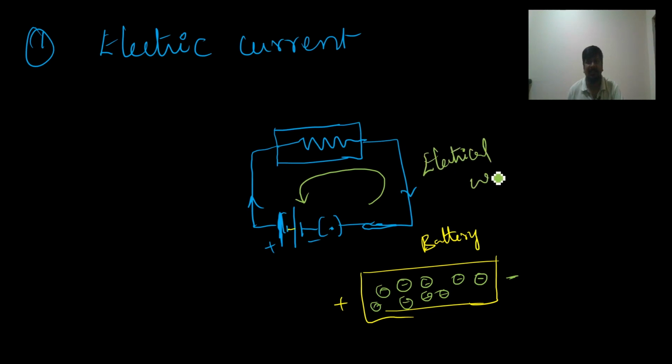Electrical wires, you can consider. So electrons, negative charge, are moving from negative terminal to positive terminal. But by convention, because so many theorems were already made on this statement, the flow of positive charges will be considered electric current.